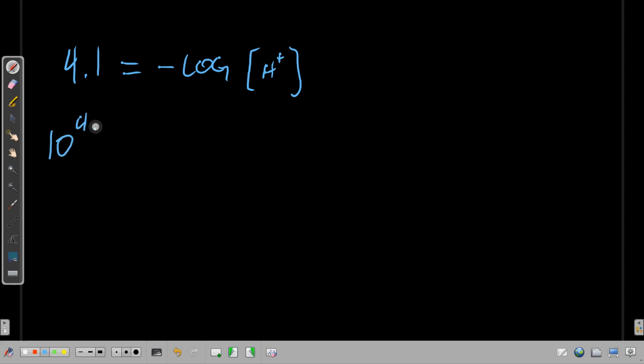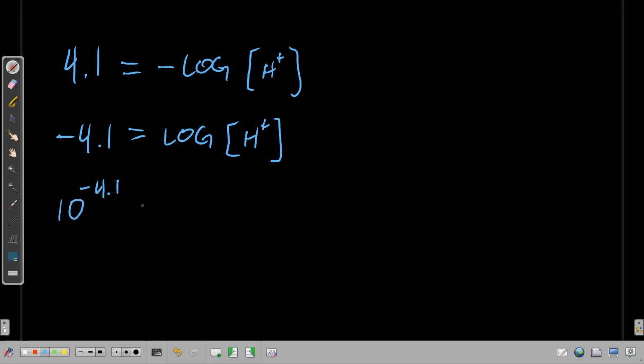Or I guess let me do it like this. Minus 4.1 is log of this number we are looking for. So 10 to the minus 4.1 is the number of hydrogen ions. Not the number, but the concentration.